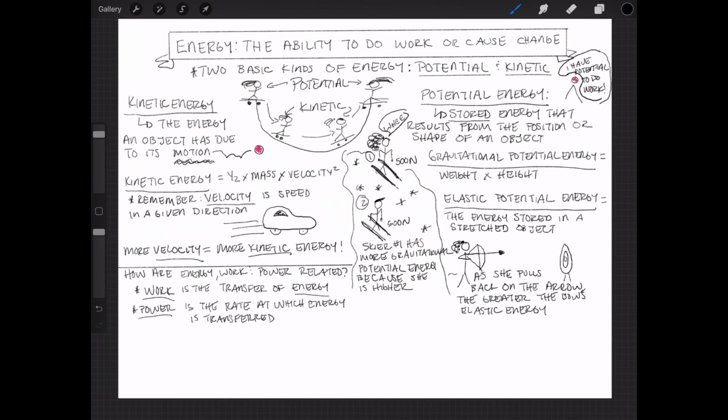Right, is transferred. So, well, we have a wonderful equation for that, right? Energy transferred over time gives us power. Energy transferred, oh gosh, a lot of R's, over time. And that gives us our power, okay?